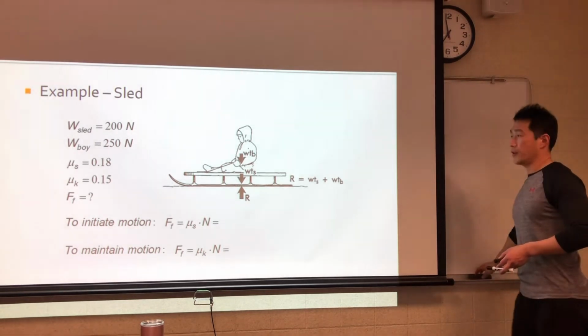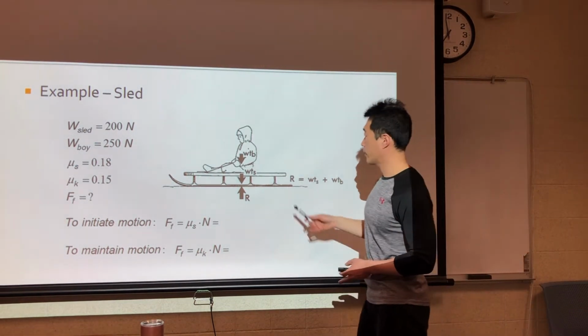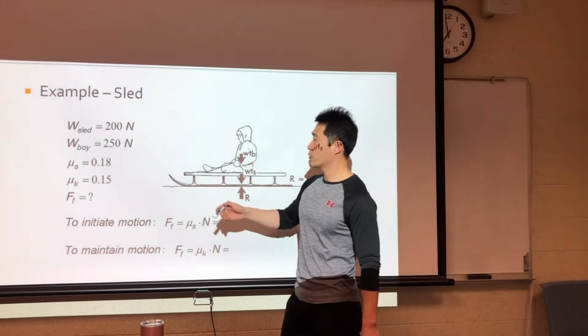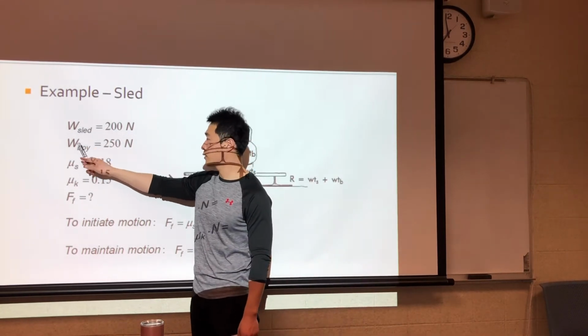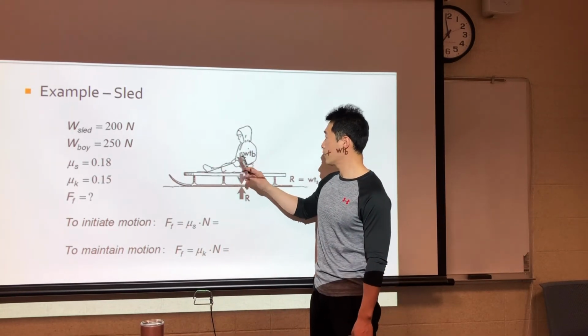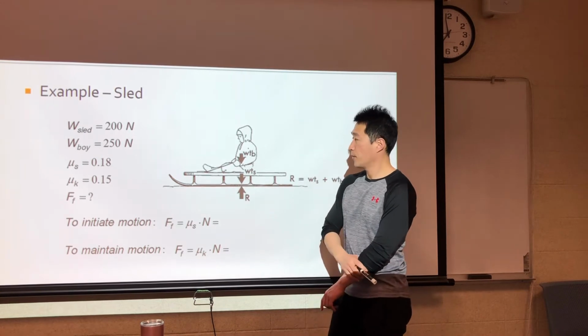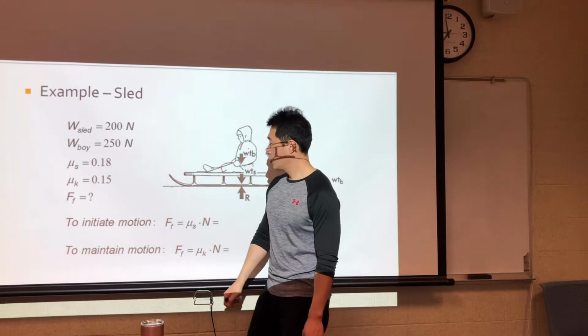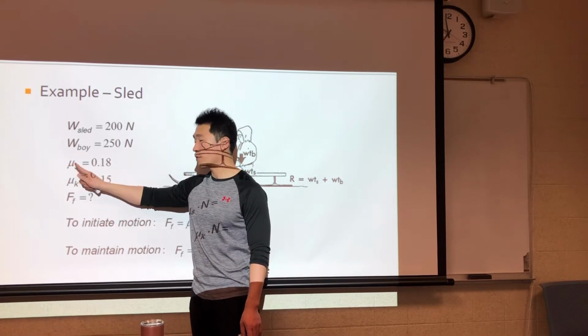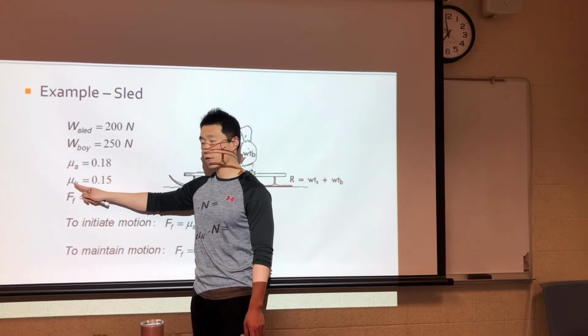Right here, you have a boy sitting on this sled. Here W means weight of the sled and weight of this boy: 200 Newton for the sled, and 250 Newton for this boy. And then we have two friction coefficients: mu s, the static friction coefficient, and mu k, the kinetic friction coefficient.